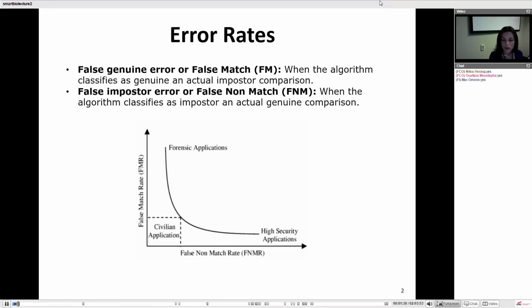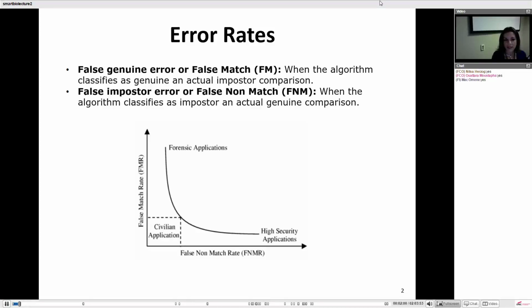False match, you can find the definition here. The matching algorithm classifies an imposter as a genuine wrongly, right? This is a wrong decision. In case of false match, we have an imposter who tries to authenticate, and he claims an identity, and the imposter gets accepted as a genuine.